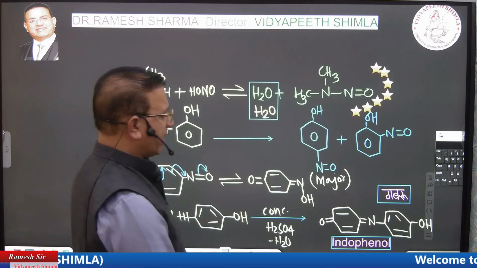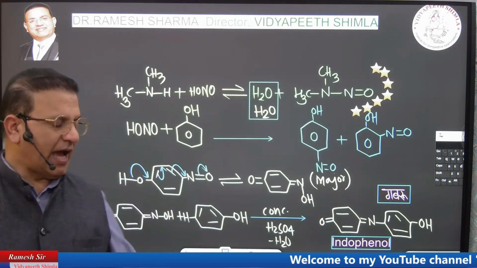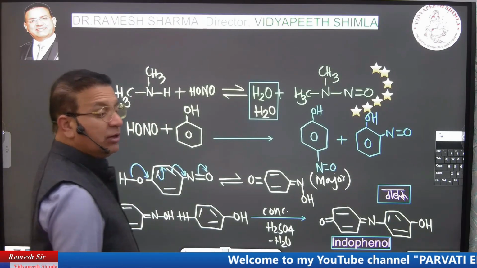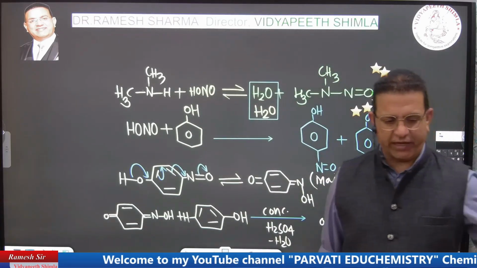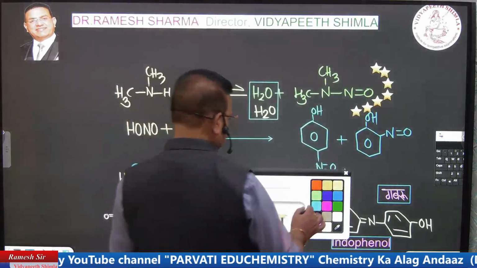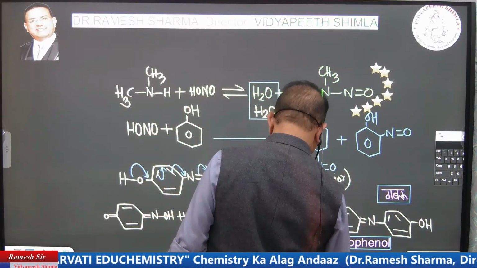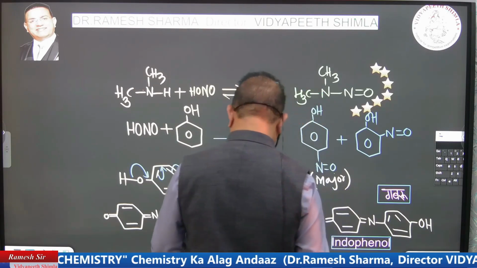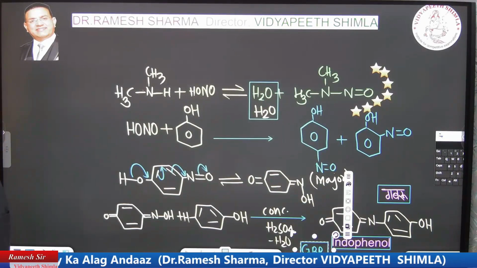Means in sulfuric acid this is green. In NaOH this becomes blue. And when the solution is diluted, this becomes red. So this is green, blue, red. That is what we are saying, gabru.